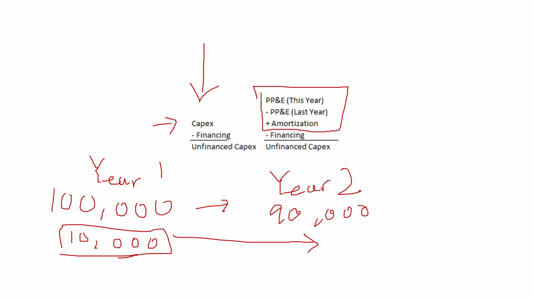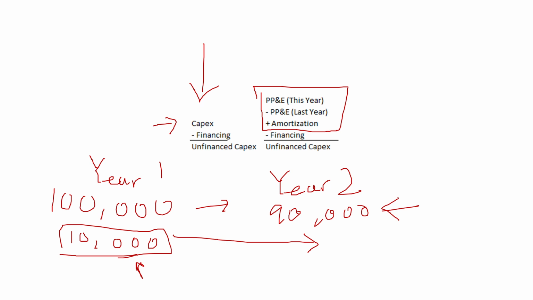Hopefully that makes sense. So on the balance sheet, in year one, you bought it new, so it's 100,000. In year two, you're going to expect this equipment to be 90,000, because there'll be somebody internally who decides how to amortize the equipment.